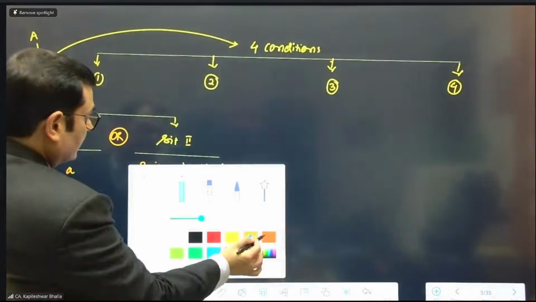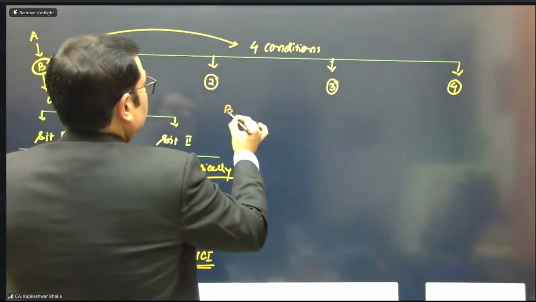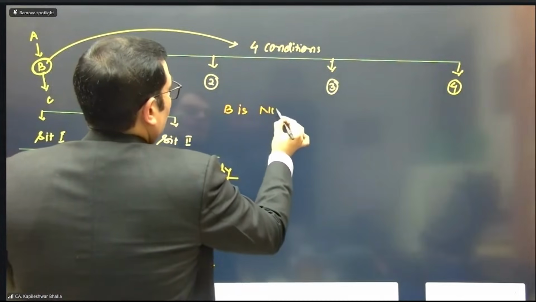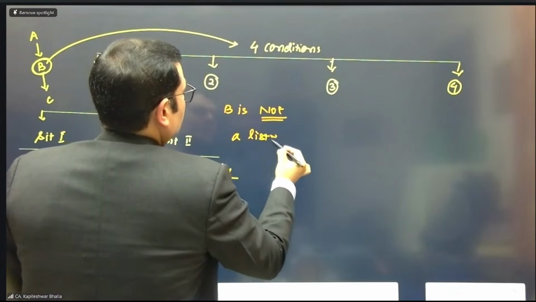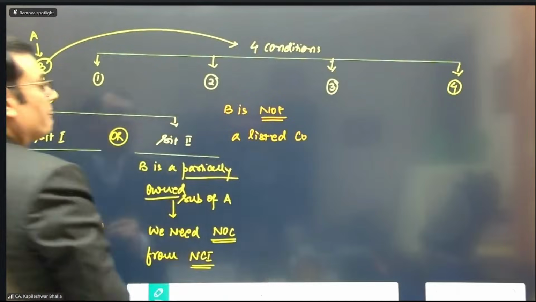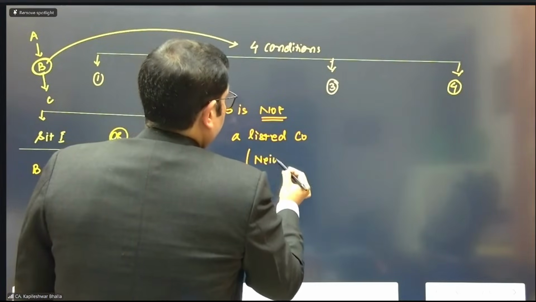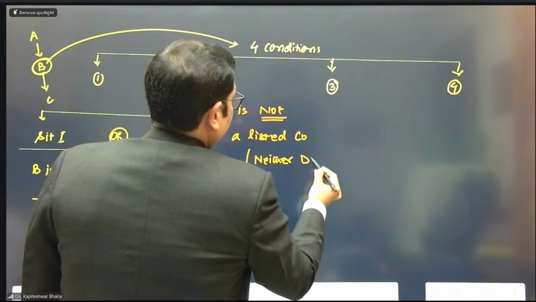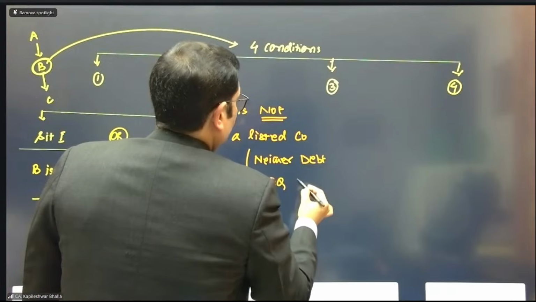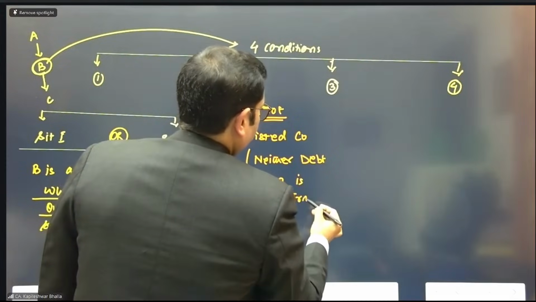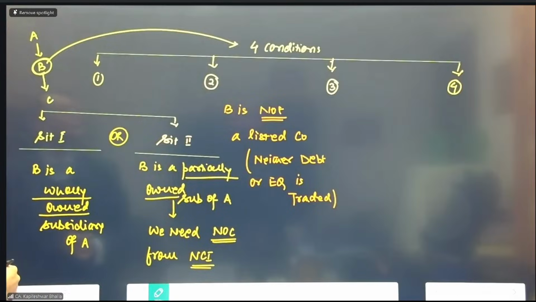Next, we are given the condition number 2. The condition number 2 is that B is not a listed company. And we can say that neither debt nor equity is traded, so it should not be traded on the stock exchange.